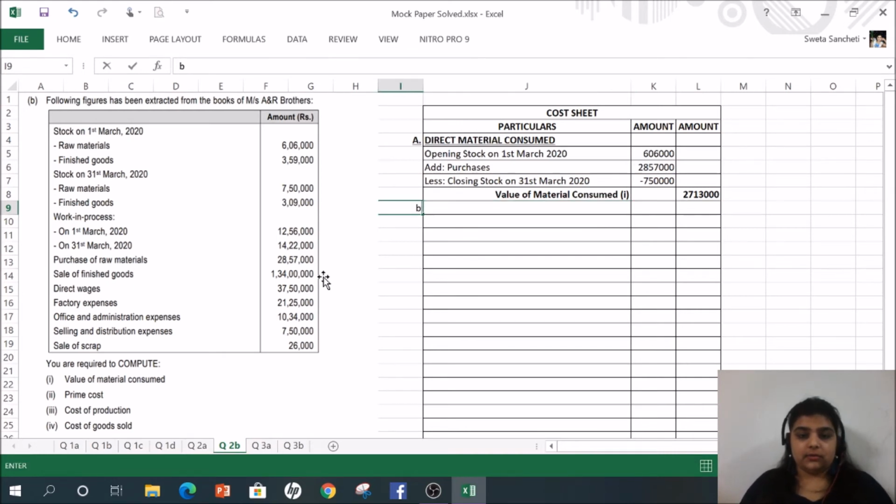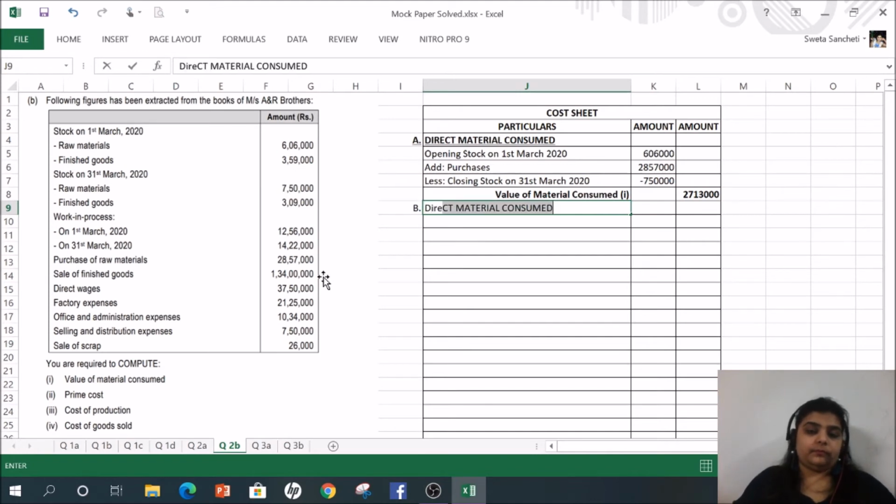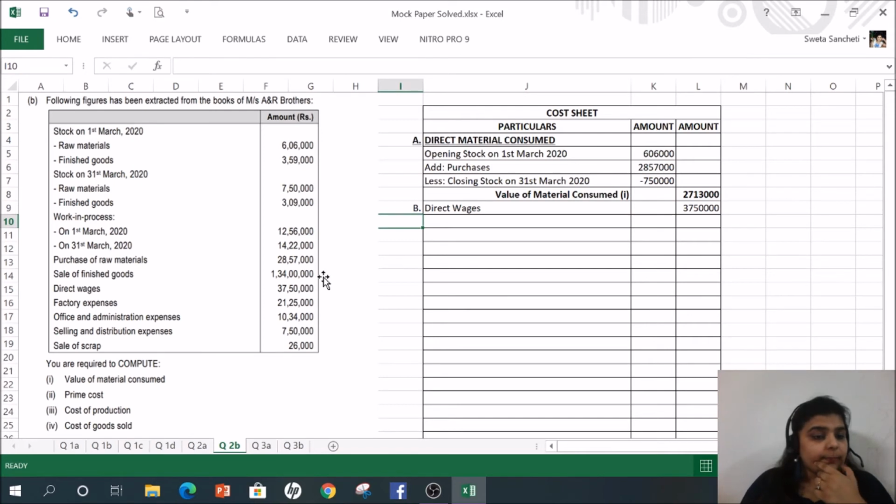We add our direct labor, direct wages, given to us as 37,50,000. Is there any direct expense? No, there is no direct expense.